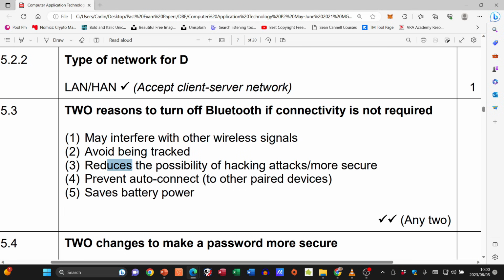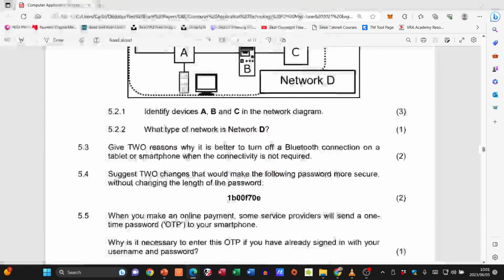It reduces the possibility of hacking attacks because you've got that Bluetooth on all the time. It prevents auto-connect. I mean, how many times haven't you been in the car or at home and then your device automatically connects because the Bluetooth is on? And probably the biggest one, it saves on battery power. When you're using Wi-Fi and you're using Bluetooth, it does place a strain on the battery of the device. Okay, just so you know.